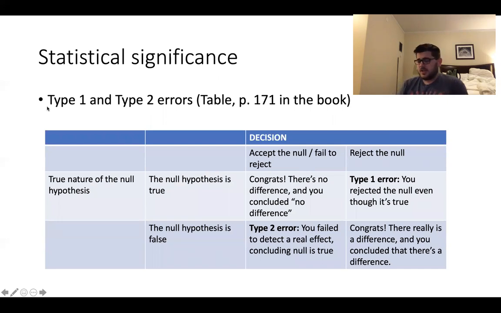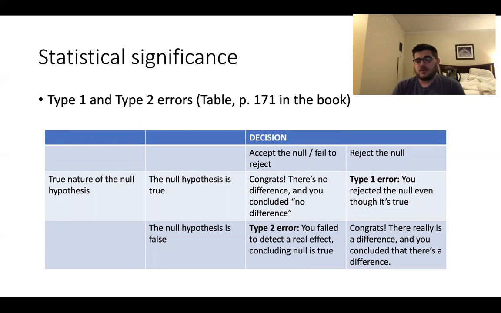When you collect data, you assume the null hypothesis is true for the sake of argument, and then you calculate the probability of your data, or more extreme data, because this is an interval of data. All you have is your data and your p-value. You don't have direct knowledge of whether the null hypothesis is true or false.